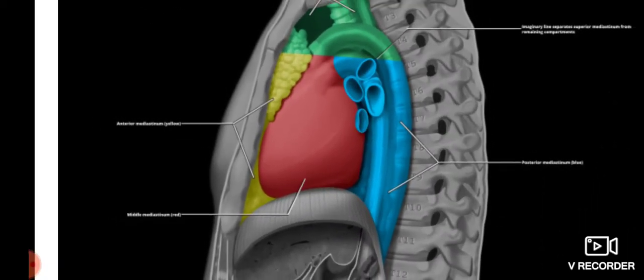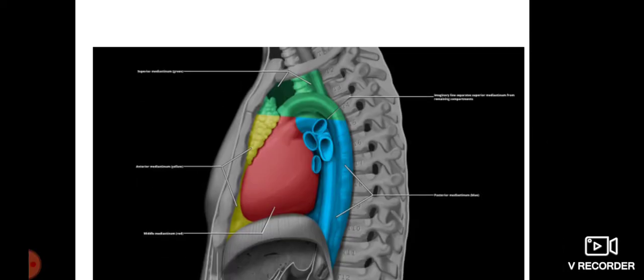This mediastinum has two subdivisions, a superior mediastinum and an inferior mediastinum. The superior mediastinum is a part extending from the thoracic inlet till the sternal angle that lies at the level of the fourth thoracic vertebra.